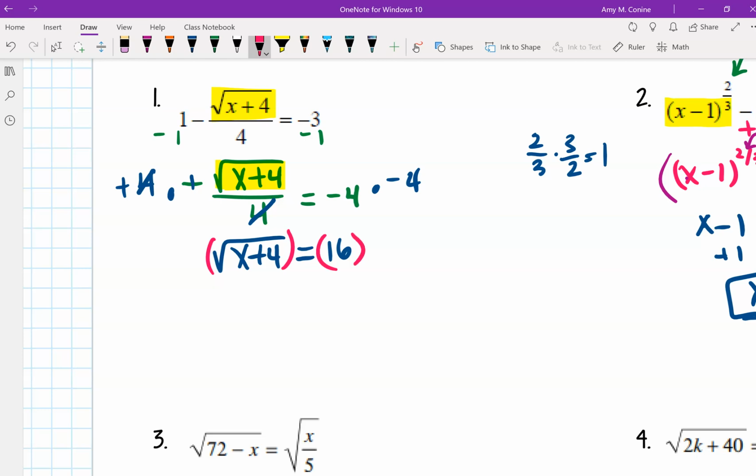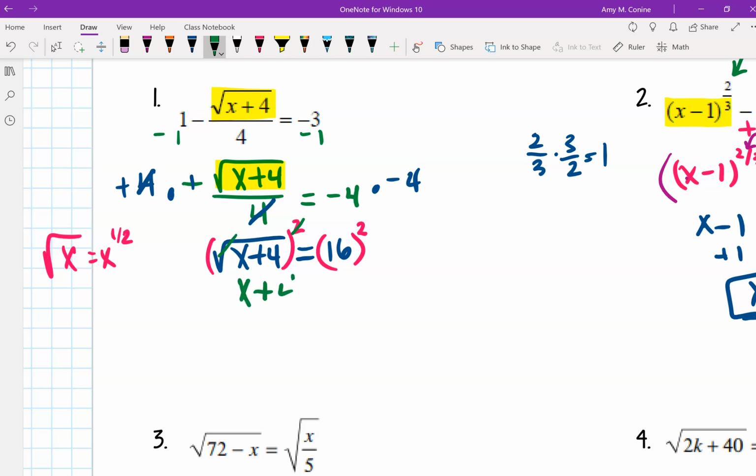So just like the problem next to it, if you remember, square root really means you have something being raised to the 1/2. So we're going to take both sides and raise them to a power of 2, because that will cancel the radical and the exponent.